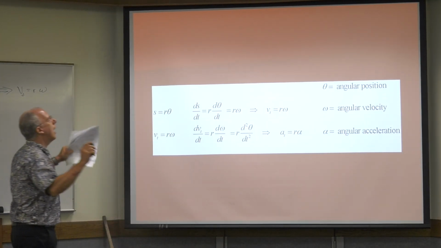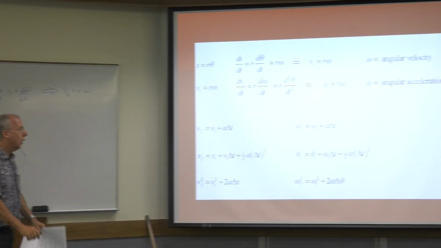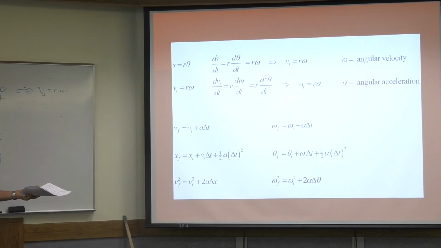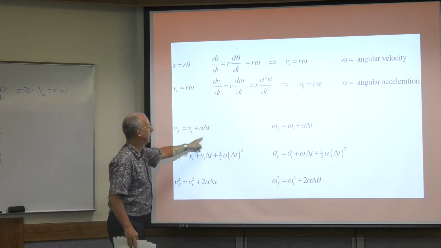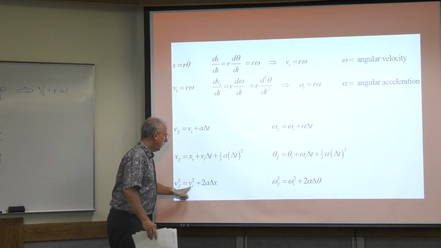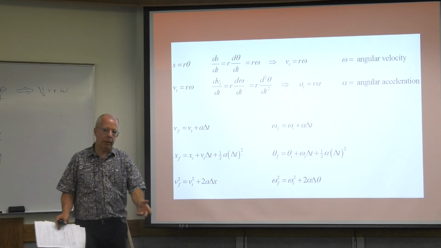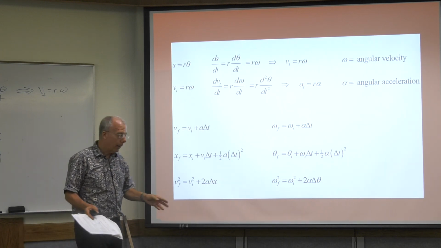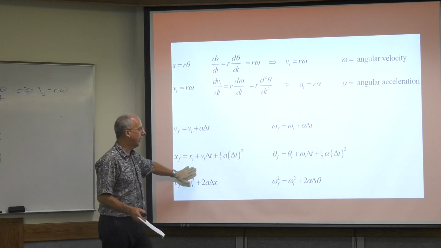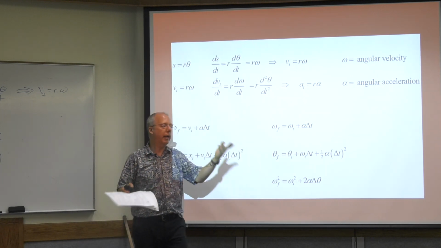Now, here's what is absolutely beautiful. I asked you to memorize the three kinematic equations, right? Here they are. Now, there has to be angular versions. But here's a beautiful thing. If you have these three memorized, you can get these three without doing hardly any work at all.